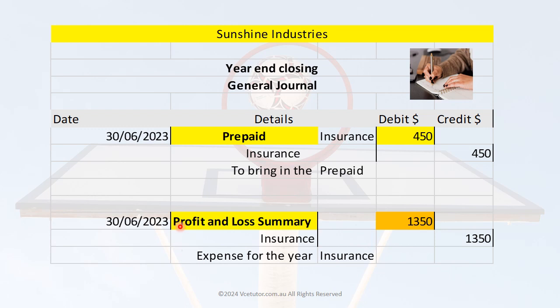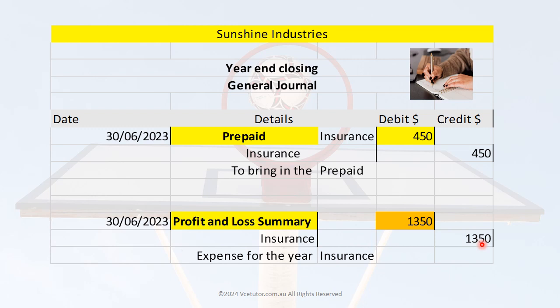On the same date, we create the profit and loss and balance sheet for the business. So profit and loss has got to compare the income and expense to identify the profit earned or loss incurred. I have got profit and loss on the debit 1350, insurance on the credit 1350.